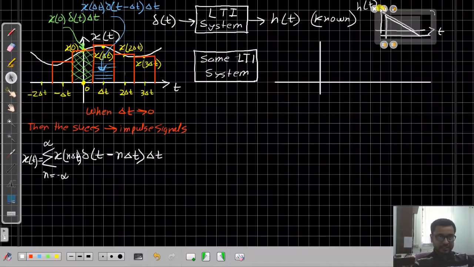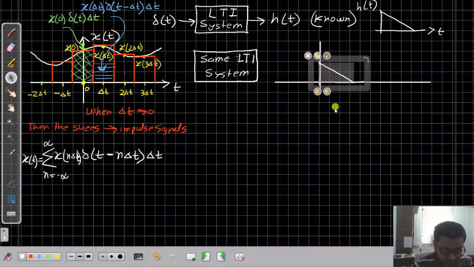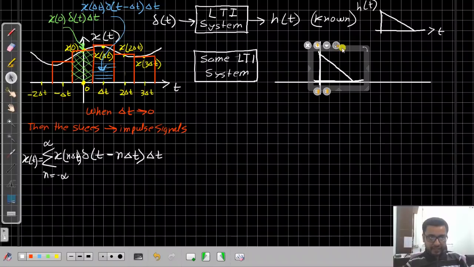Let me copy it and paste it, and I shall put it here. Then I shall multiply its height by the factor which corresponds to the strength or the area of this impulse, which is x0 times delta t.